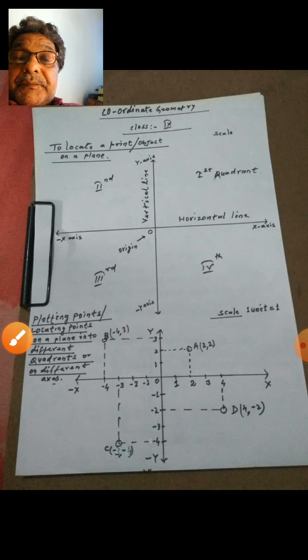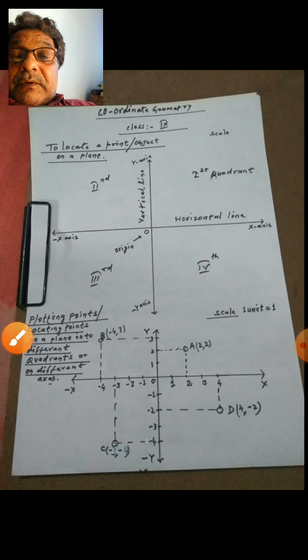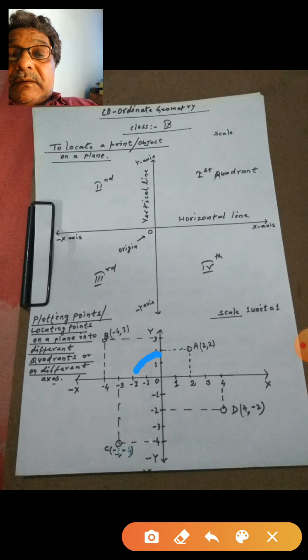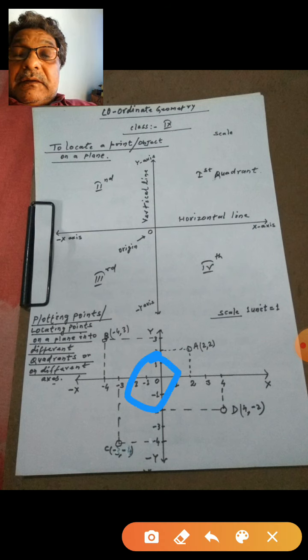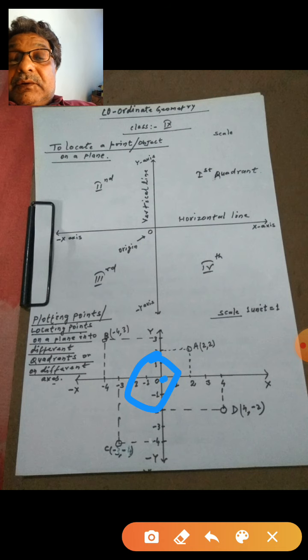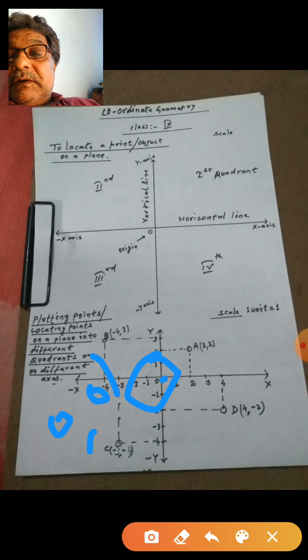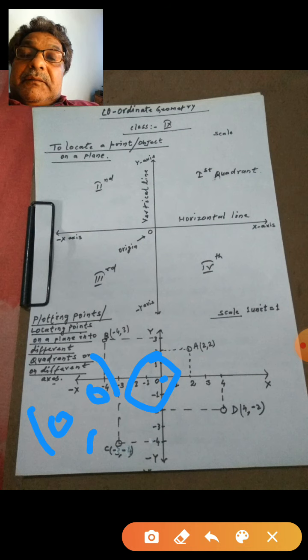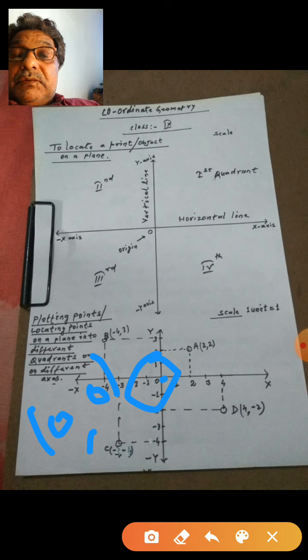Now you see this point, this origin. At this point the value on the x-axis is 0 as well as the value on the y-axis is also 0. So when we search for this point whose both coordinates are 0, immediately the answer comes that this point belongs to the origin.